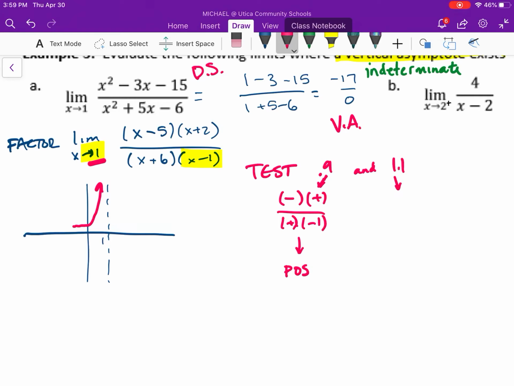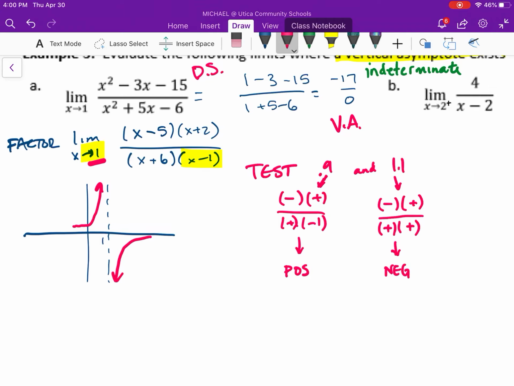And I'm going to do the same thing with 1.1. When I plug in 1.1, 1.1 minus 5, that's a negative number. 1.1 plus 2 is a positive number. 1.1 plus 6 is positive, and 1.1 minus 1 is still positive. And this ends up being a negative value, which means this side of the graph has to be going towards negative infinity.